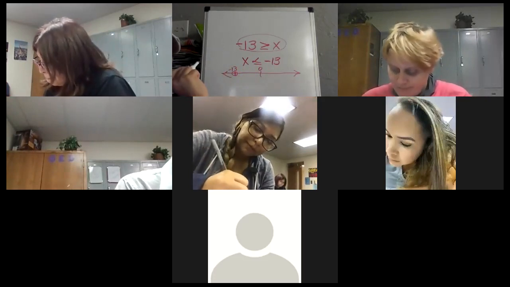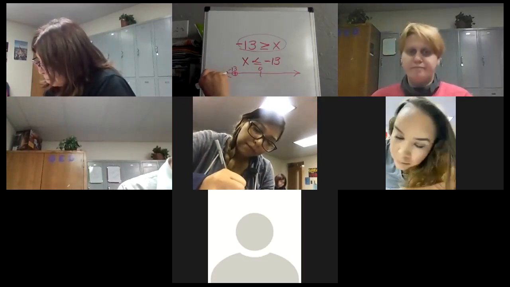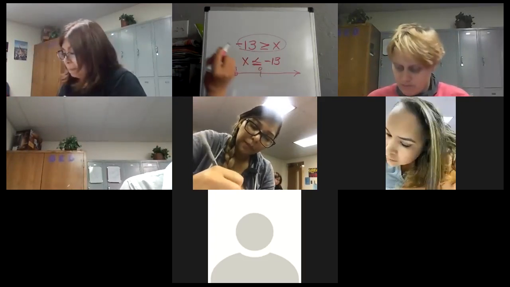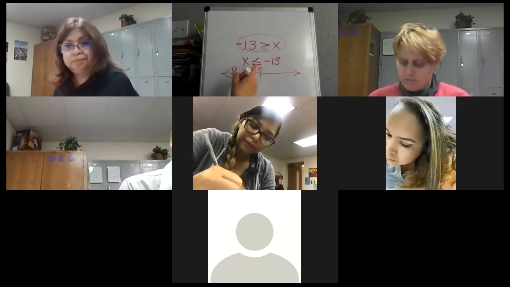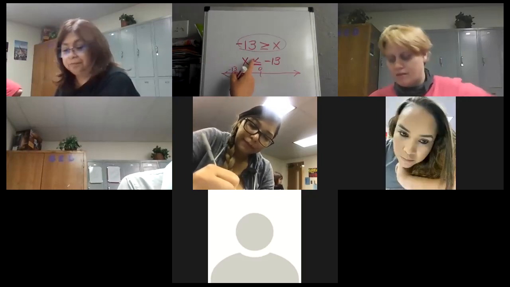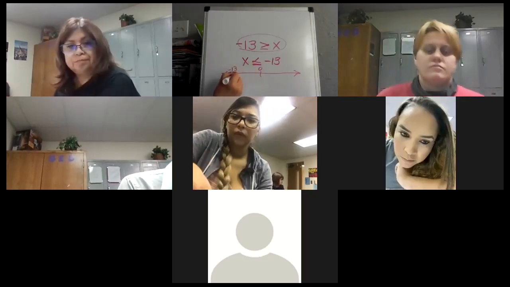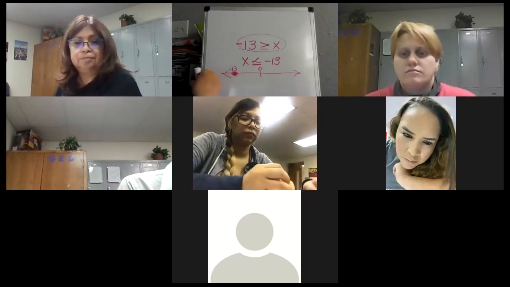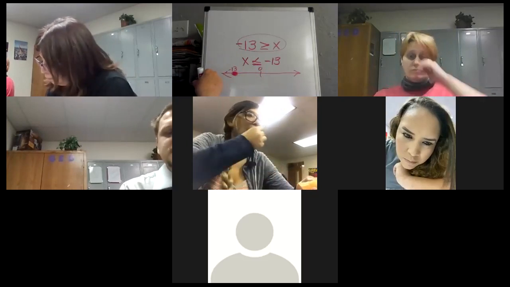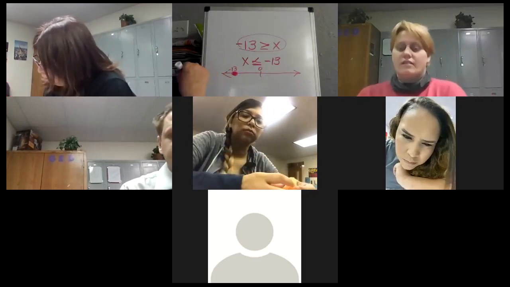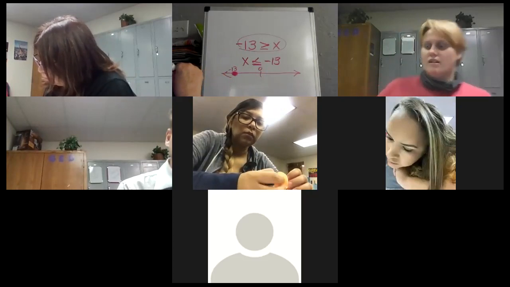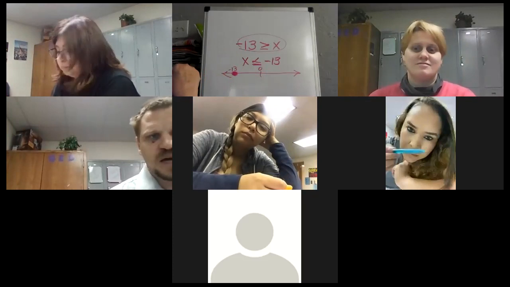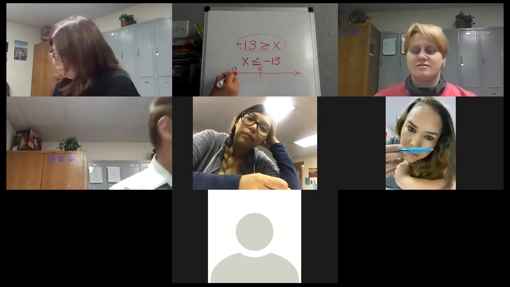And then we found out yesterday that if the sign has this, it means it's equal to, if the line is under the inequality sign, then it's not only less than negative 13, but it's also equal to negative 13. And now, which way will I graph this? Which direction will I shade on my number line? To the left. That's exactly right.